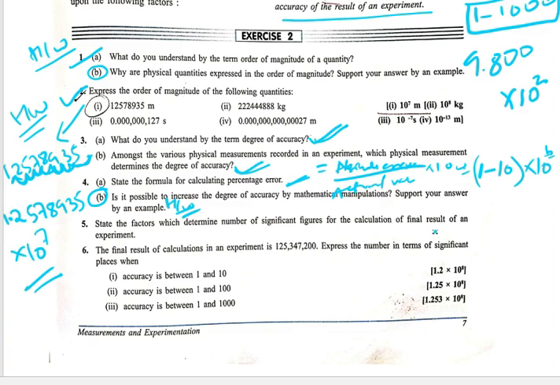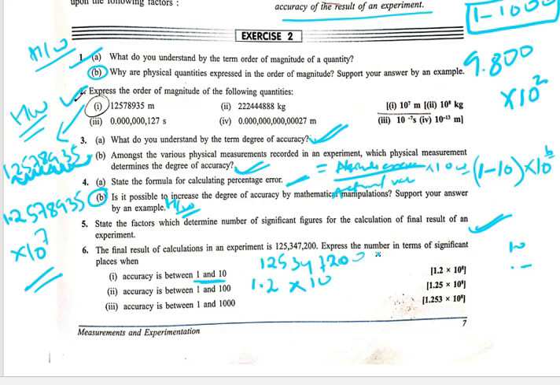So the final result of a calculation in an experiment, express the number in terms of degree of accuracy between 1 and 10. So the number is 125347200. So we have to write the accuracy between 1 and 10. 10 means after the decimal one digit should be there. So how will we put 1.2 into 10 to the power, where the decimal was in the extreme right.